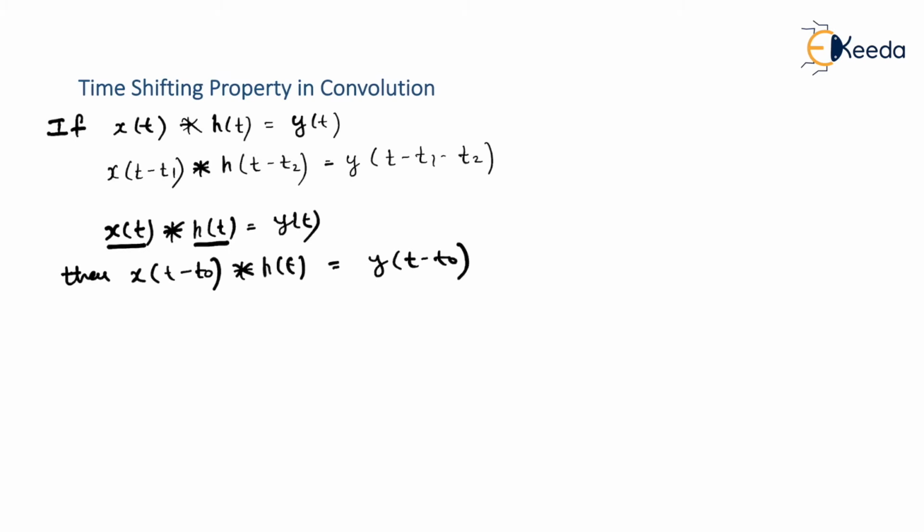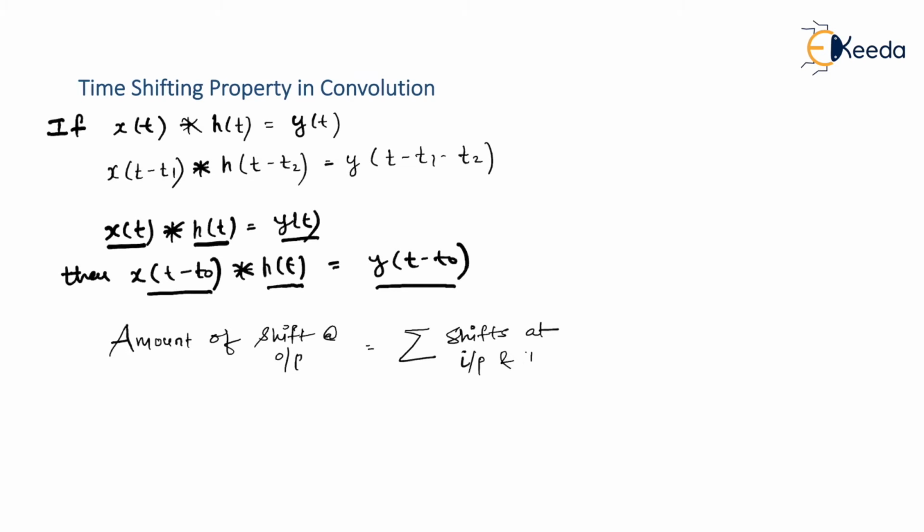When x of t convolve with h of t is y of t, then x of t minus t naught convolve with h of t is y of t minus t naught. So basically I can write it like this. I'll read this and make you understand what I have written. Amount of shift at output is always equal to summation of shifts at input and impulse response.